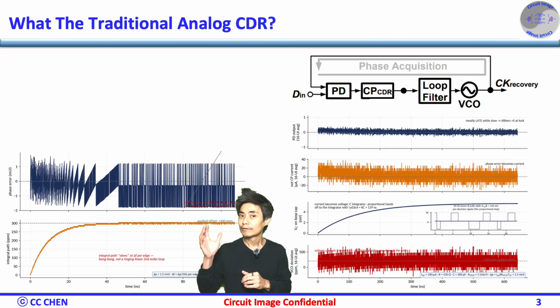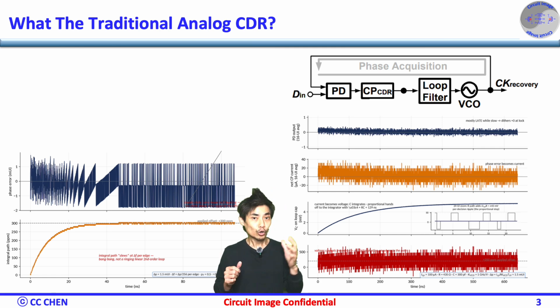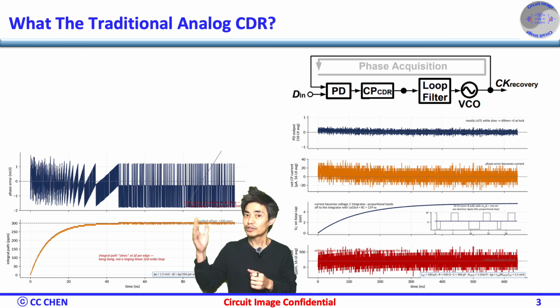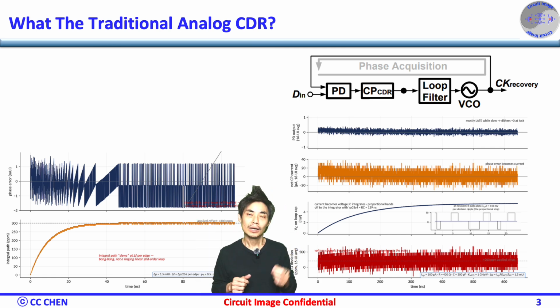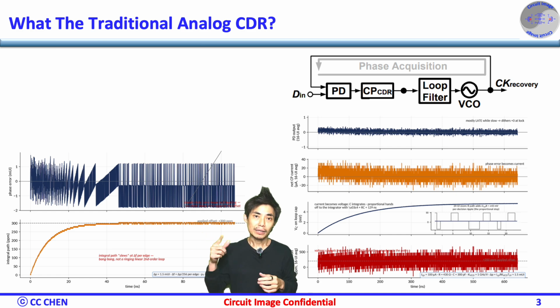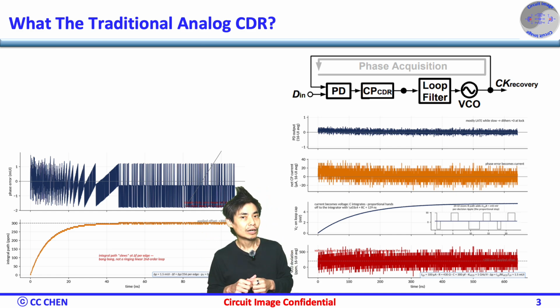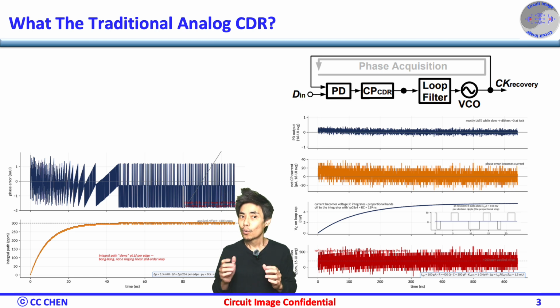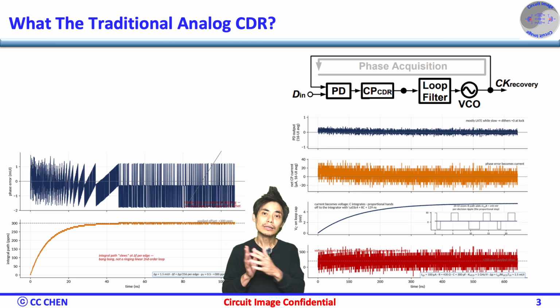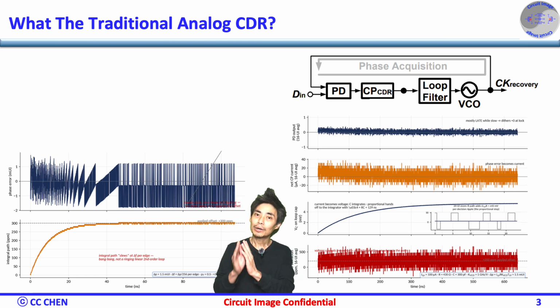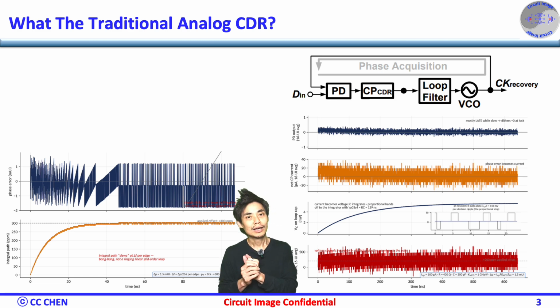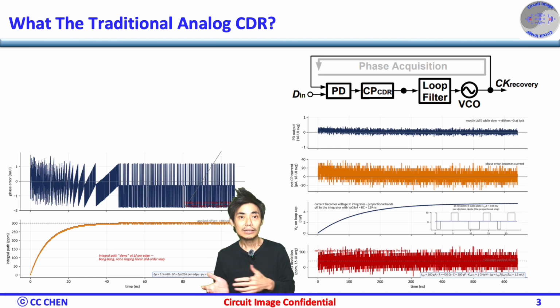We have a phase detector, a charge pump, an RC loop filter, and a VCO. The receiver clock is fed back to the phase detector, closing the loop. The phase detector decides whether the sampling clock is early or late compared with the data transition. The charge pump converts that early or late decision into current.